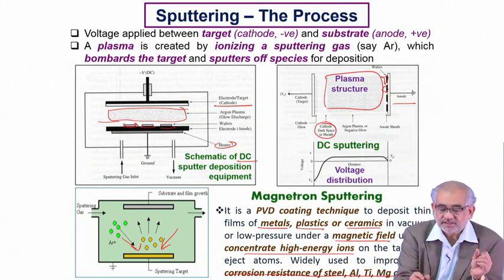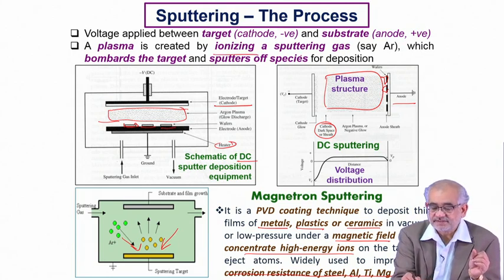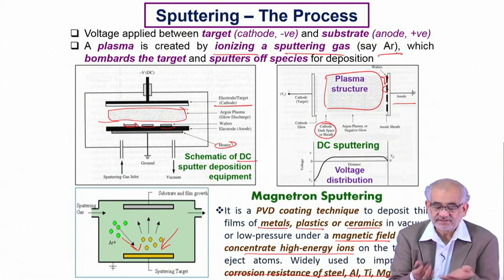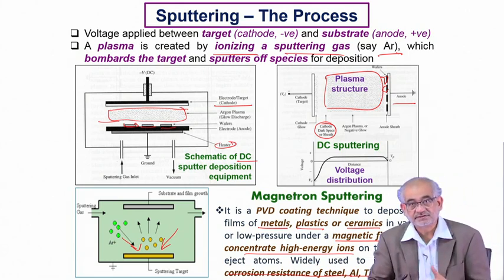This plasma that we create is by ionizing a gas, which is usually argon, which I've already mentioned. The reason why we use argon is because it doesn't have any solubility in the materials that we are using, either as target or as the substrate.